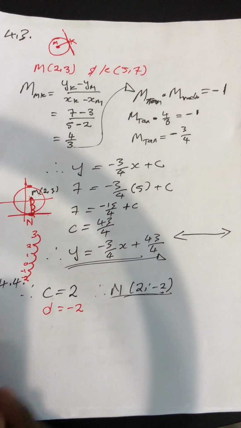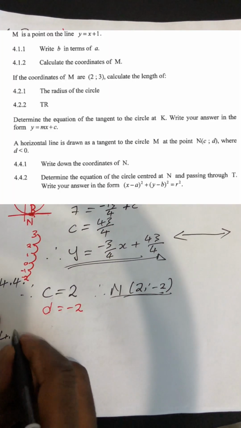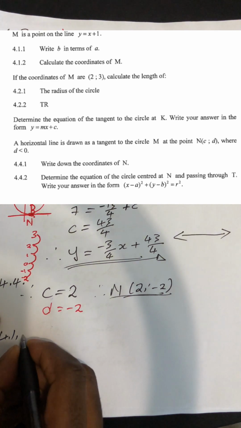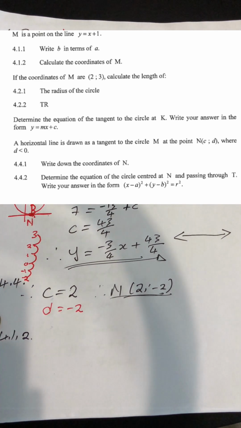So simple. Then 4.1.2. If you look at 4.1.2, they say determine the equation of a circle centered at N and passing through T. Write your answer in the form of the equation of a circle. So this one is also easy.